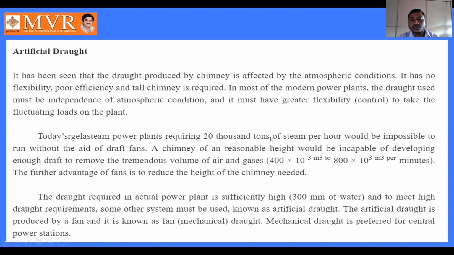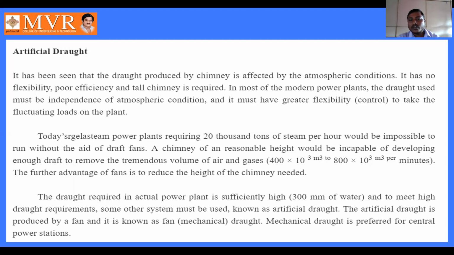Twenty thousand tons of steam per hour would be impossible to produce without the aid of draft fans. By using these draft fans, we transfer the heat which has been developed inside the boiler. For this artificial draft, running the power plant is impossible without the aid of draft fans.